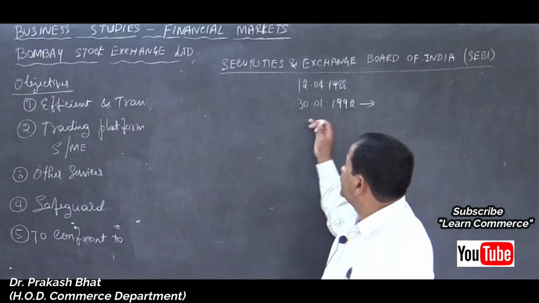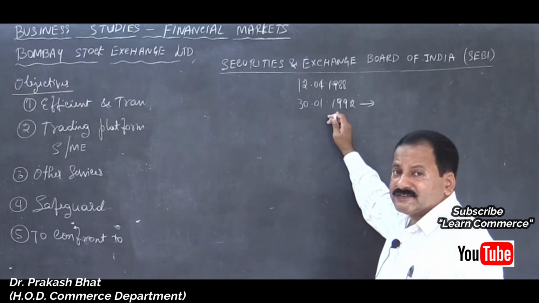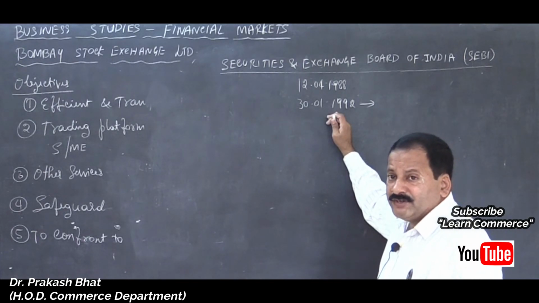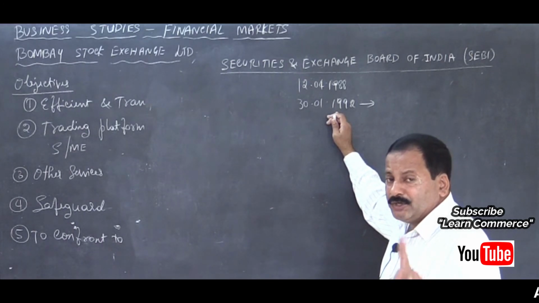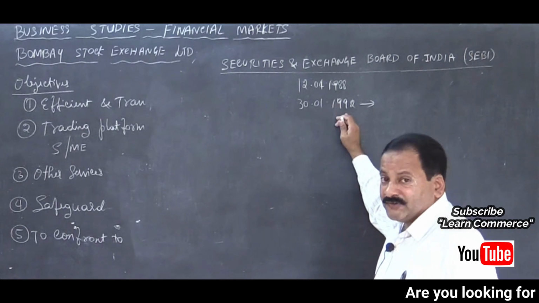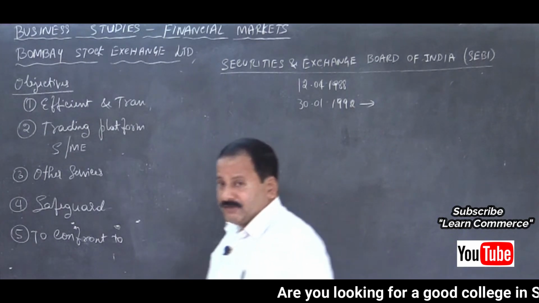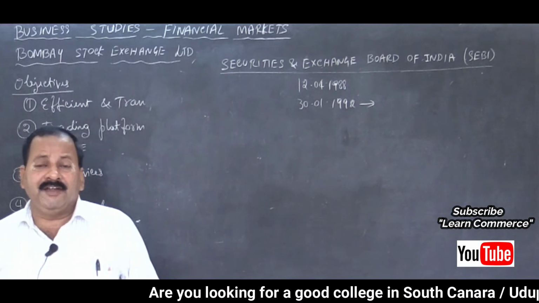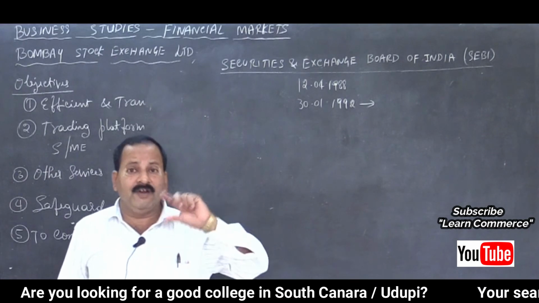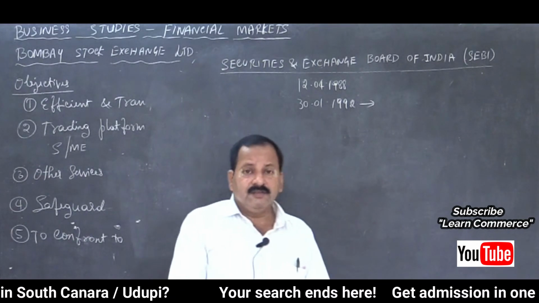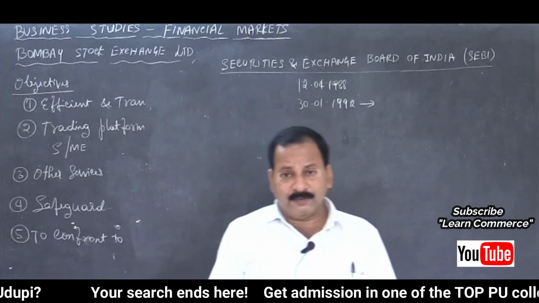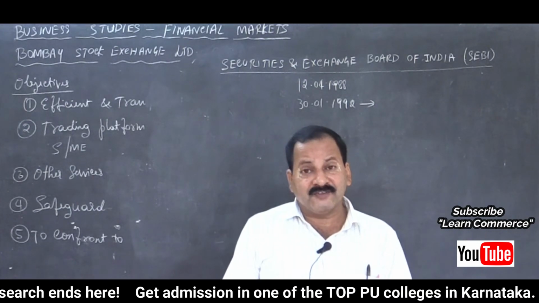So here this was given the status of statutory corporation, which means a special act is required to start any statutory corporation, like the Life Insurance Corporation. The name of such entities will end with the word corporation, isn't it? That is Karnataka State Finance Corporation, Karnataka State Road Transport Corporation.